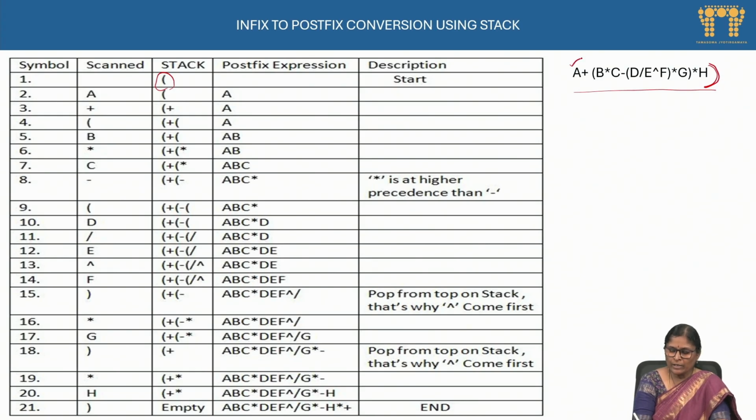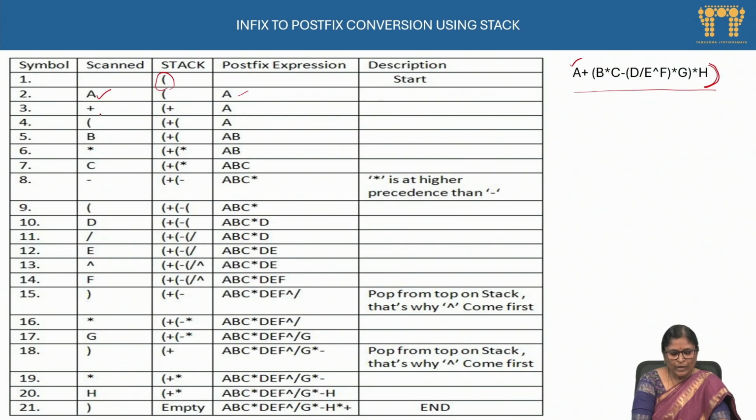Now scan symbol by symbol. The first is an operand. If an operand is scanned or encountered, add it to the postfix expression. If an operator is encountered, you have to add it to the stack. At any point of time in the stack, you have only the left parenthesis and the operators.